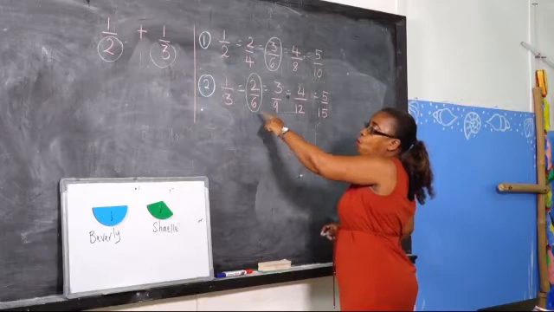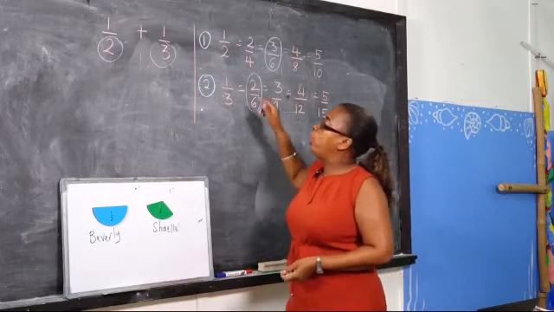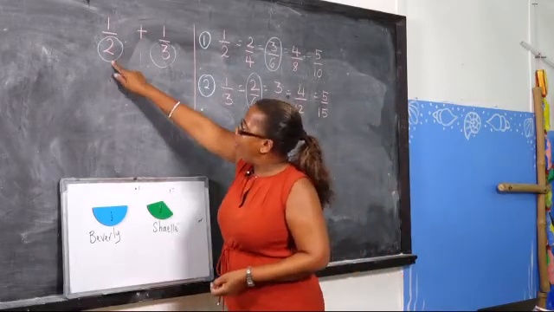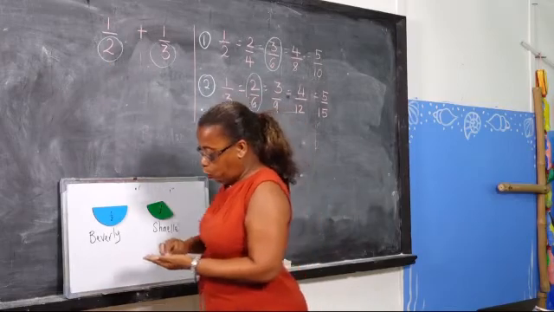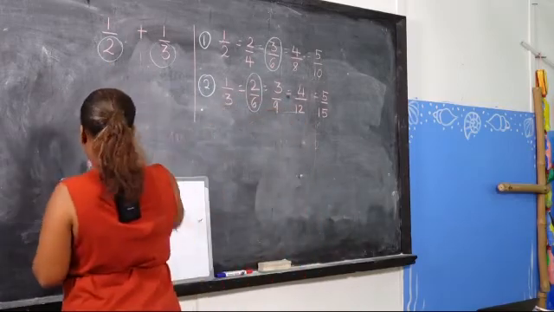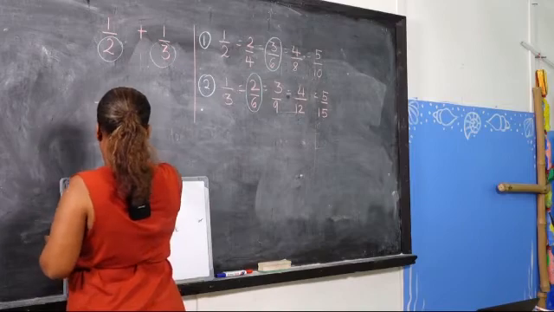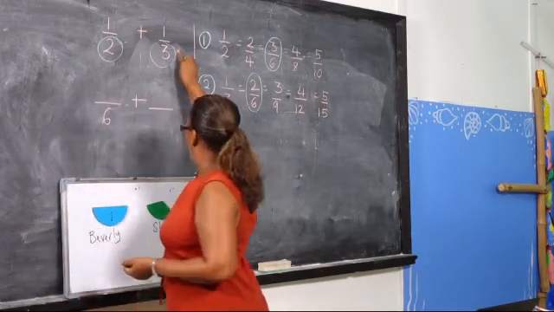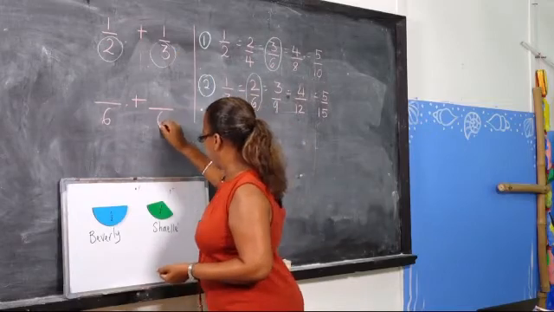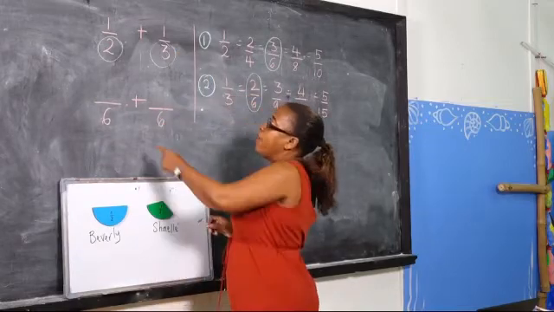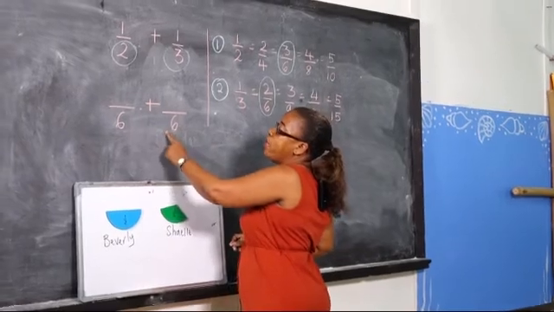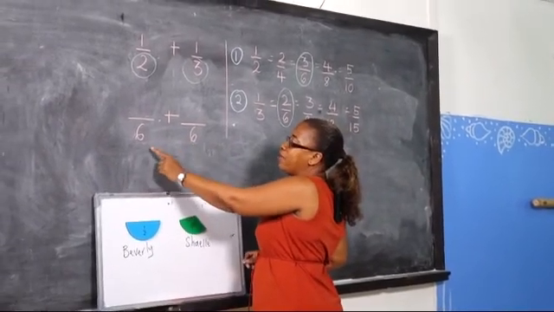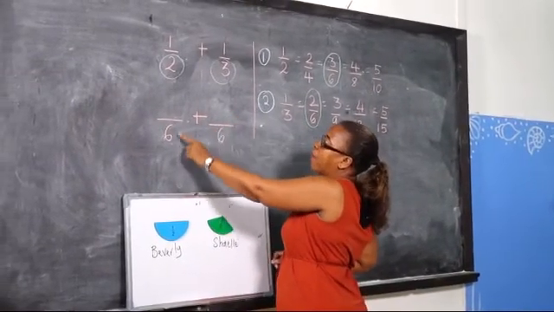Therefore, what we will do, we will change 1/2 into 6th and 1/3 into 6th. They have common denominators. Now the denominators, they are alike. They are like fractions now.